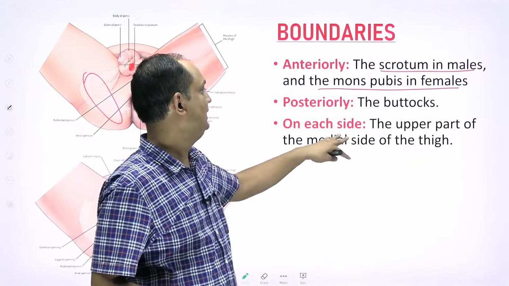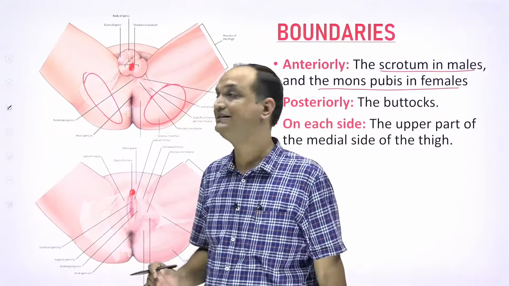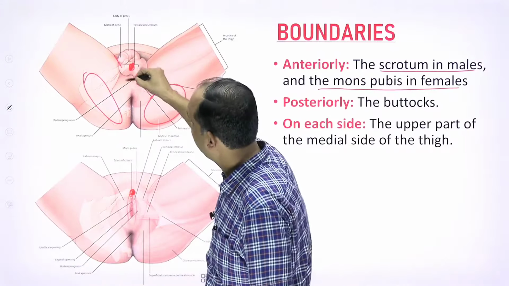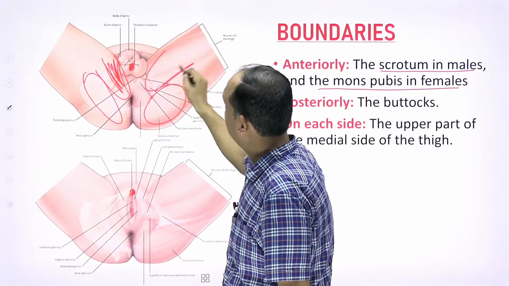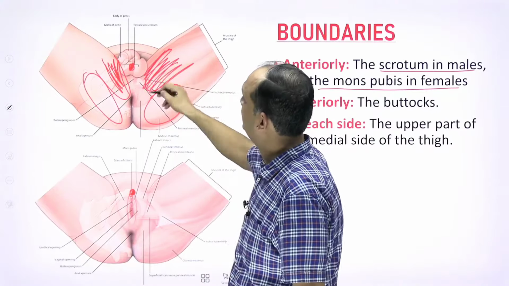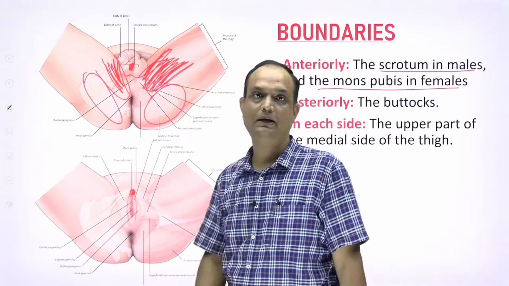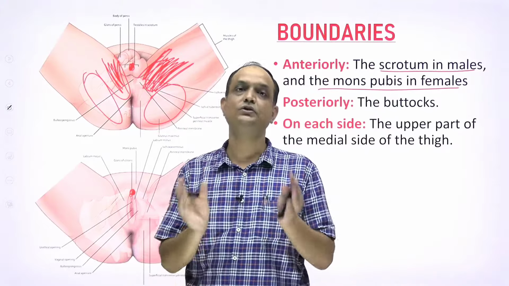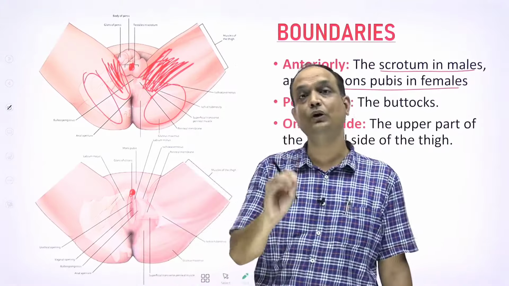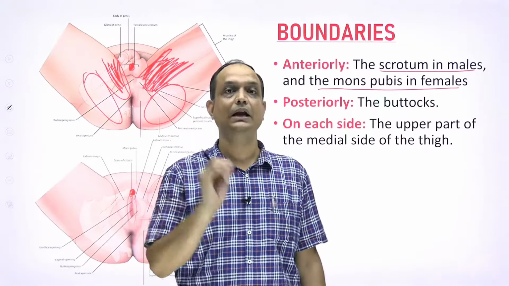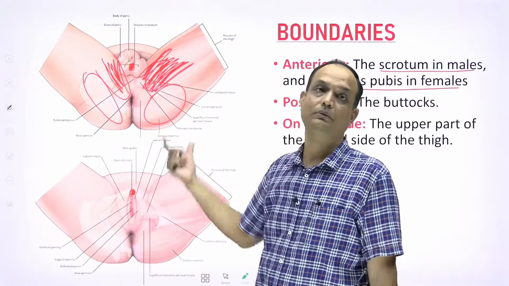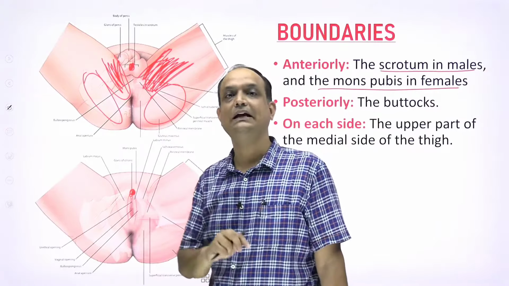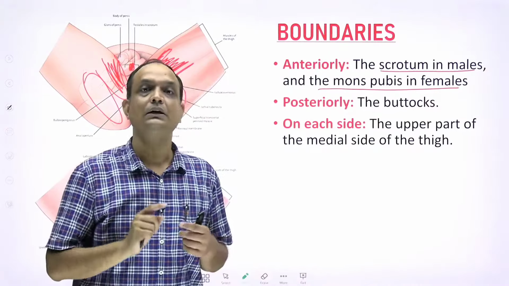And on the side you have the upper part of the medial side of the thigh, which covers the muscles arising from the ischiopubic rami. Clear? In short, if I have to look for the perineum in a living person, I need the lithotomy position. Otherwise, I cannot appreciate the perineum.